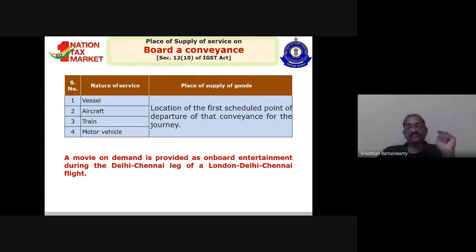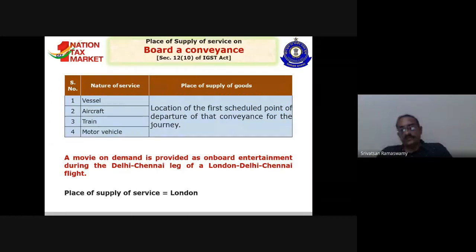So in this situation, the place of supply will be London, which is the first scheduled point of departure of the conveyance. Even though the services are provided between Delhi and Chennai, because the first scheduled point of departure is London, it becomes non-taxable. Okay, because the place of supply is London.